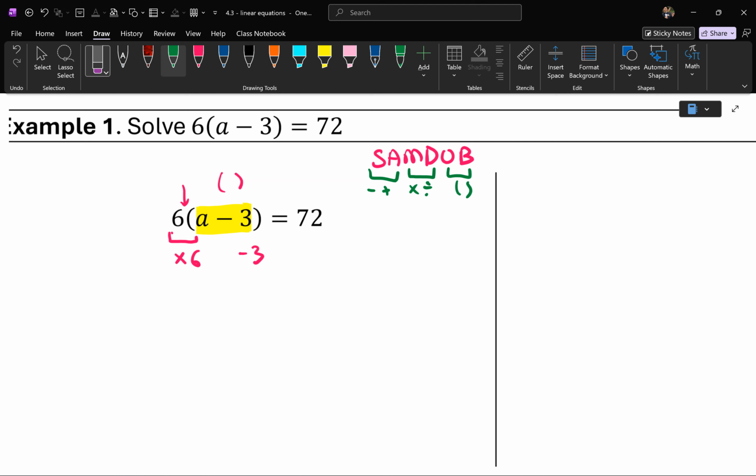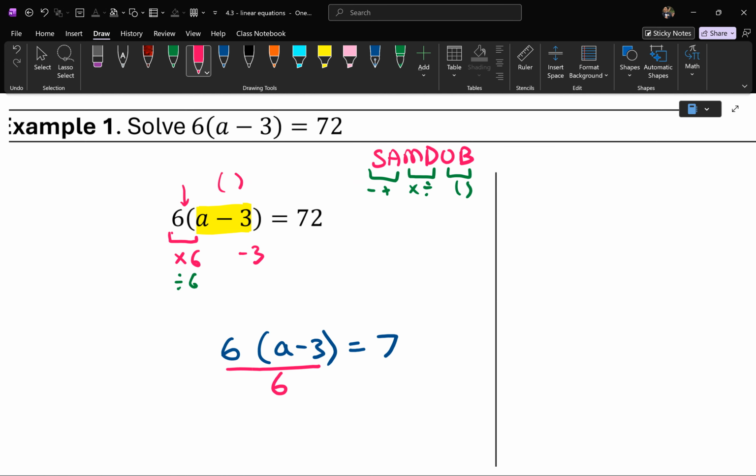So now once you identify the operations, we can follow. Get rid of this times 6. The opposite of times 6 is what, Olivia? Opposite of times 6. Divide. What am I dividing by? Dividing by 6. Very good. So here's my equation. 6 bracket a minus 3 equals to 72. To get rid of that 6, we are going to divide by 6.